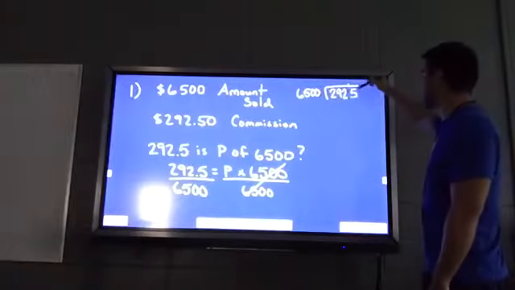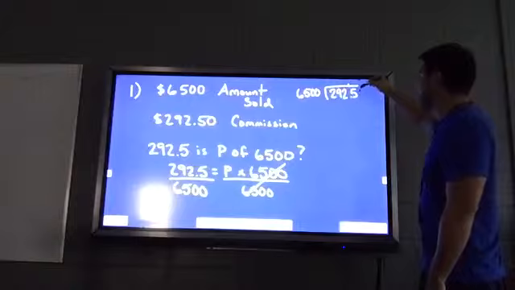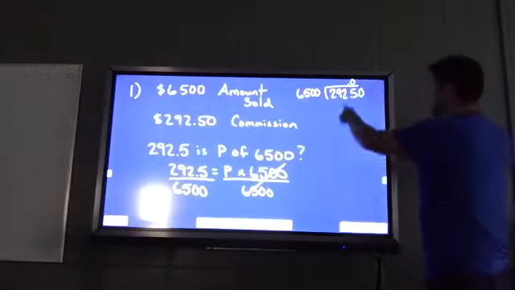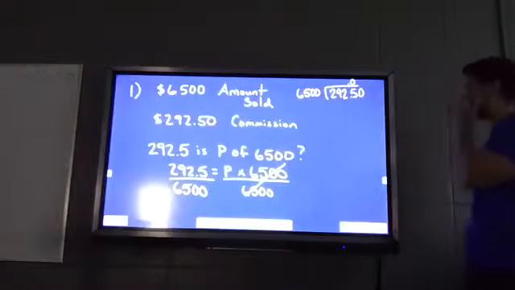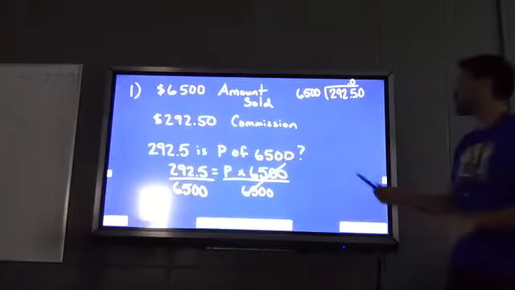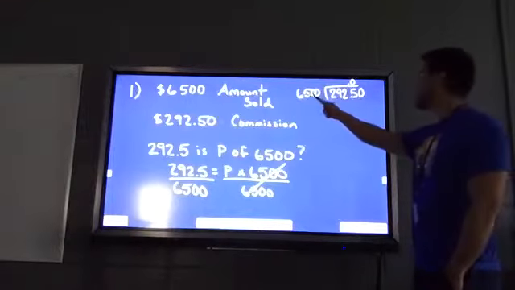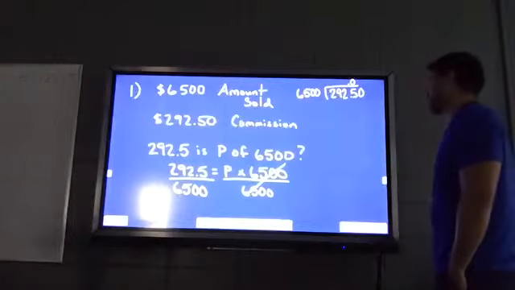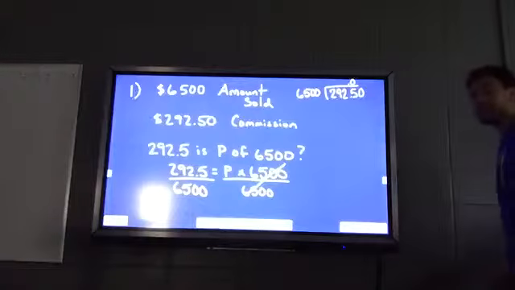6,500 does not go into 2,900, so it goes into it 0 times. But does it go into 29,250? It does. Really what I'm seeing is 6,000 goes into 29,000 maybe 4 times.